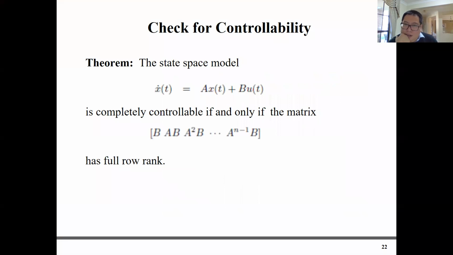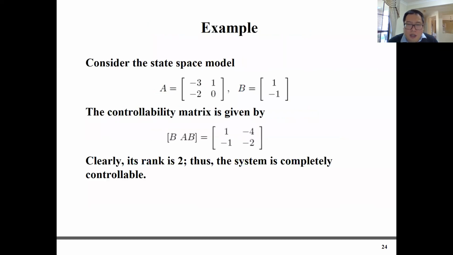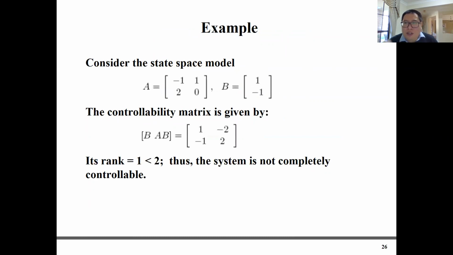Here's controllability, right? If you check the controllability, you need to formulate this controllability matrix and check if it's full rank or not. And there are two ways to check if it's full rank. One way is you calculate the determinant of this matrix. I've said it already. Another, more intuitive way is, if you can use one row or one column of the matrix to represent the others.